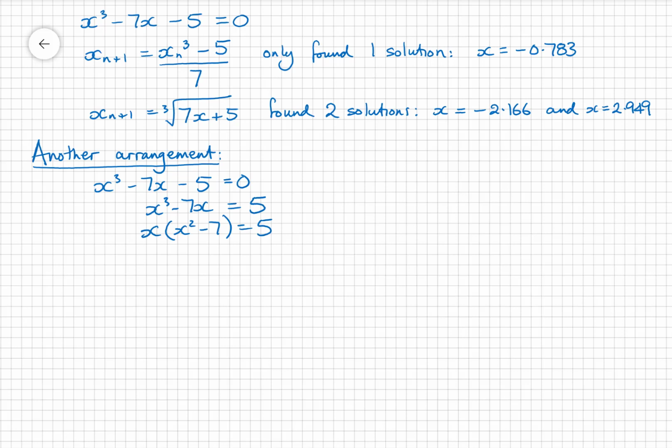We can divide by x squared minus 7 to give x is equal to 5 over x squared minus 7, and we're now in the situation that we need to be for fixed point iteration, where x is equal to some other function of x, so we can turn that into an iterative relationship. x_(n+1) is equal to 5 over x_n squared minus 7.